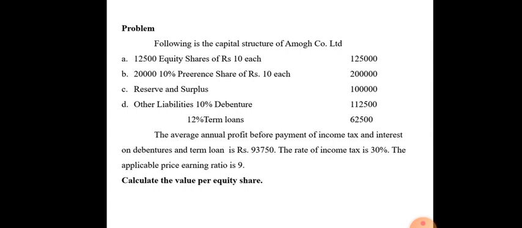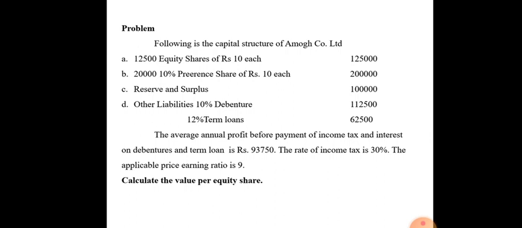Following is the capital structure of Amok Company Limited. 12,500 equity shares of rupees 10 each, it's 1,25,000. 20,000 10% preference shares of rupees 10 each, it's 2 lakh. Reserve and surplus, it's 1 lakh.